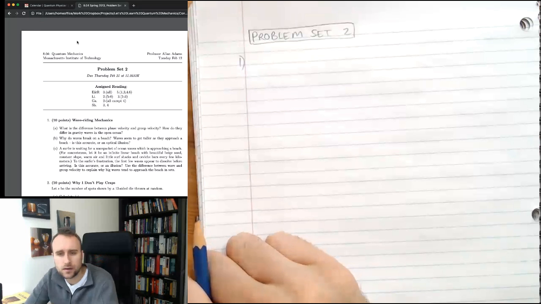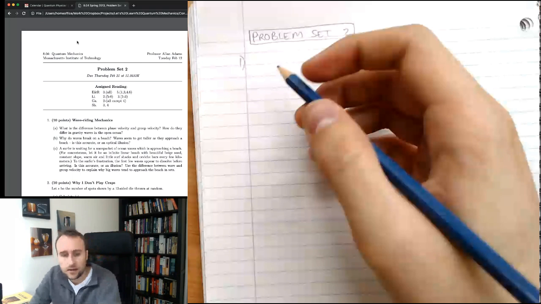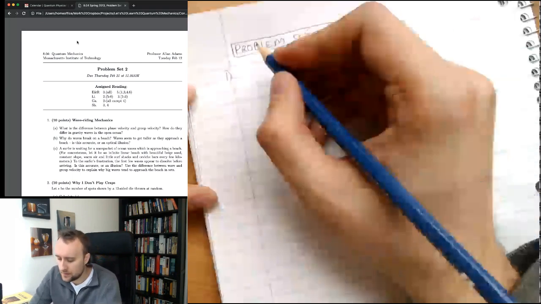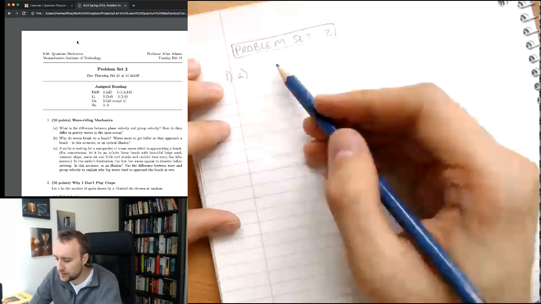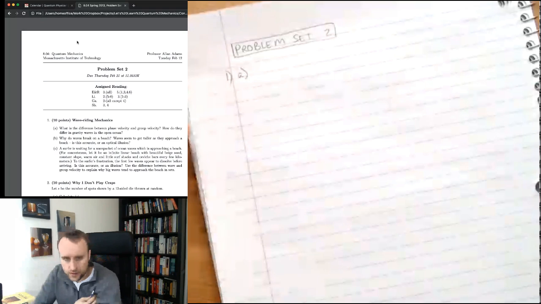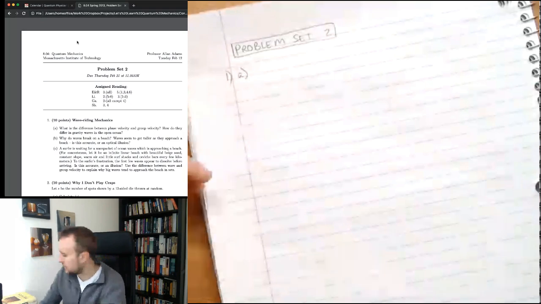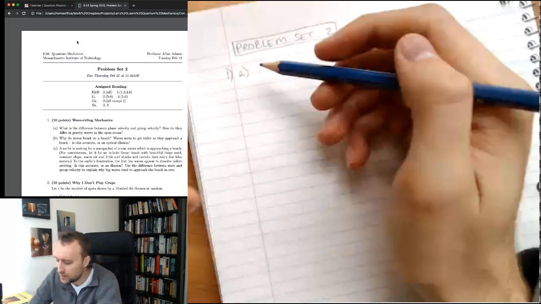So this is, yeah, this is 803 right here. All right, definitely 803. So phase velocity and group velocity. What I'm going to do is give a guess, and then I'm going to look it up in the book, and then we're going to see if we change our answer.